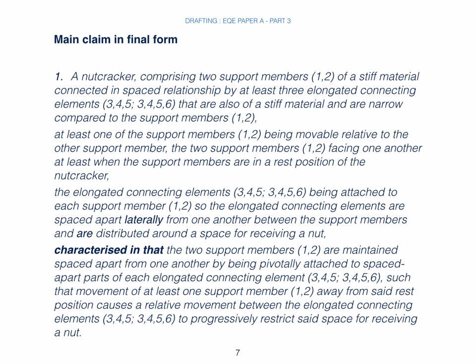And then the next clause is the elongated connecting elements being attached to each support member, so the elongated connecting elements are spaced apart laterally. I've added the word laterally from one another between the support members, and I've added the words "are distributed around a space for receiving a nut." The reason for putting in the word laterally was for clarity, and we have in the characterizing clause two spaced aparts in different contexts.